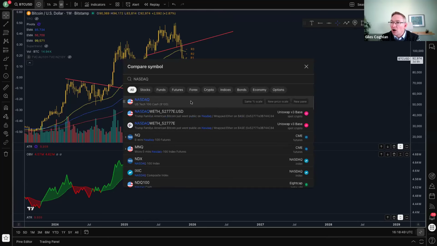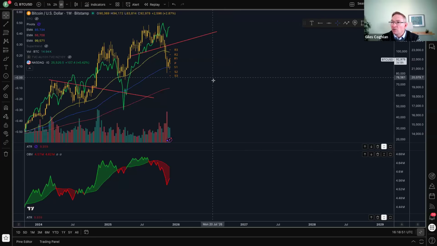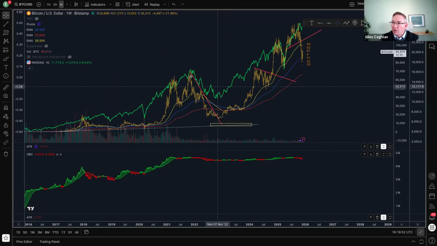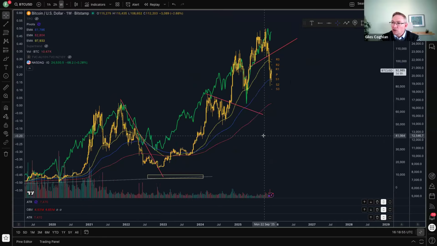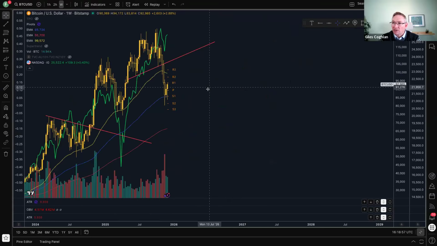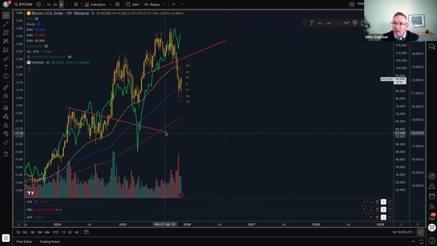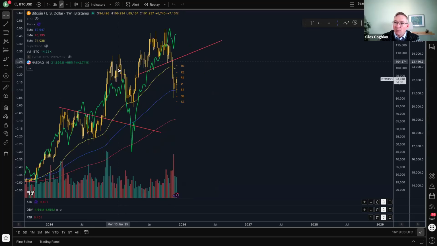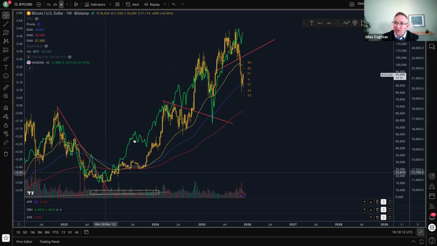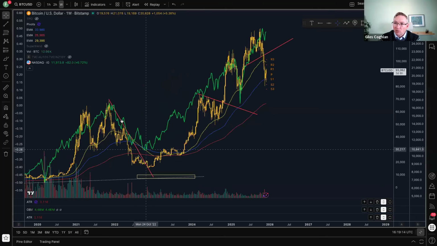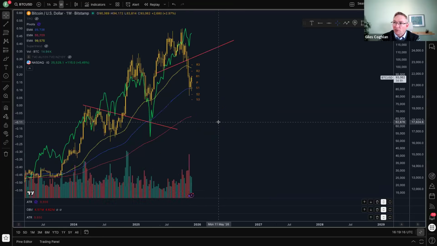So if we just overlay the Nasdaq on the chart, you see how Bitcoin prices track Nasdaq prices, and that's because in a lot of portfolios, Bitcoin and Nasdaq are given the same tech allocation. So you can see here, Nasdaq falls, Bitcoin falls. Nasdaq rises, Bitcoin rises. Nasdaq falls, which is the green line, Bitcoin falls.